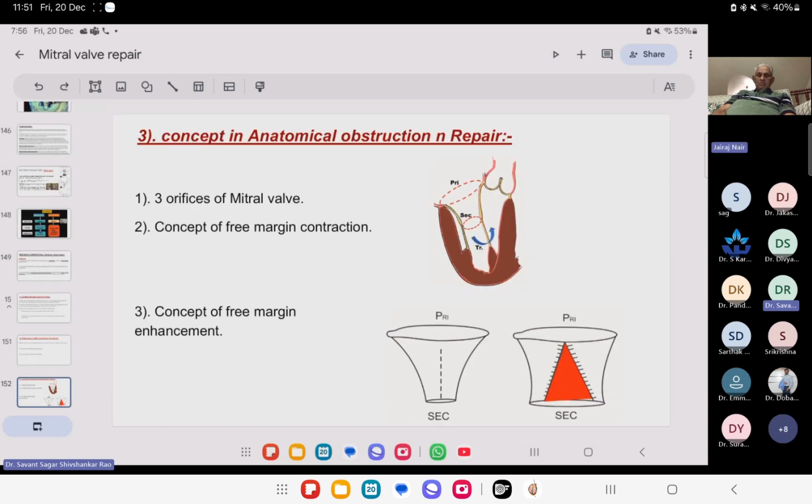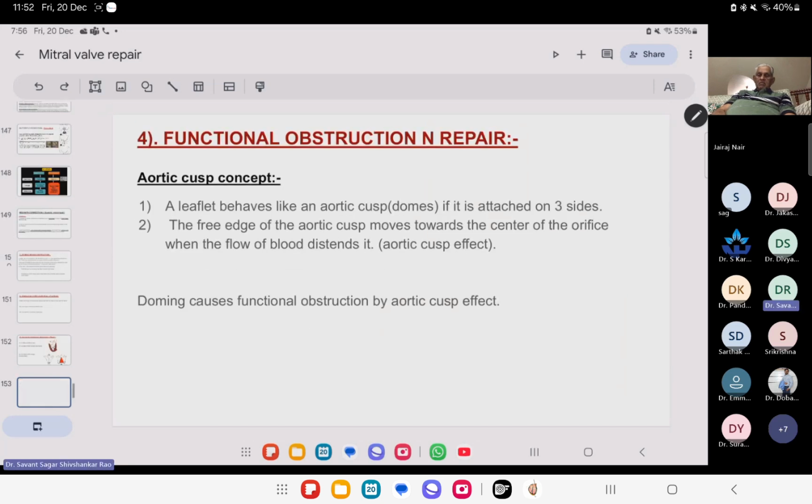So there are three orifices as shown in the diagram, that is the primary orifice, that is annular level, the secondary orifice at the tip of the leaflet, and the tertiary orifice between the leaflet edge and the LVOT. So functional obstruction and repair, that is the aortic cusp concept.